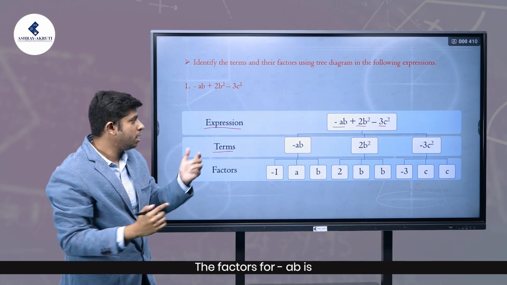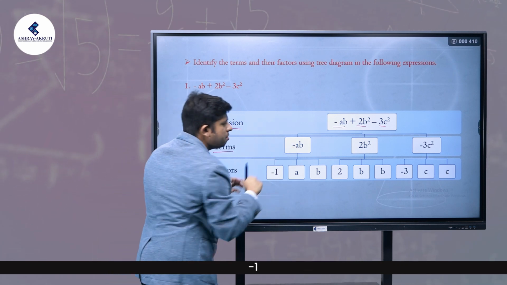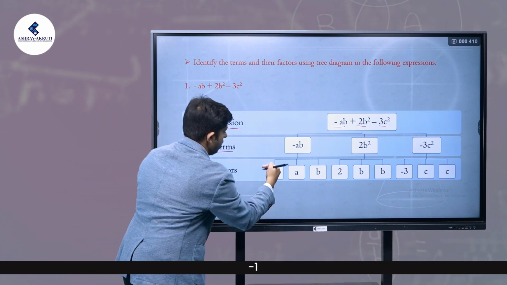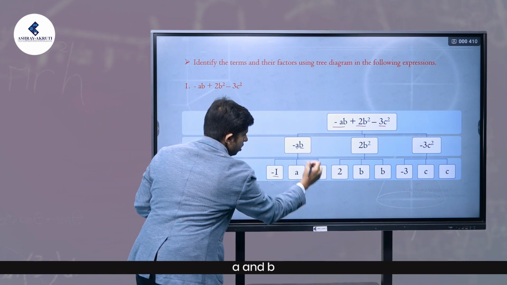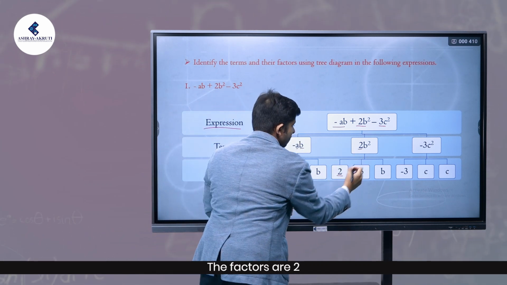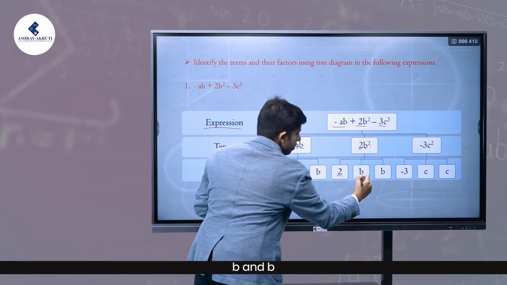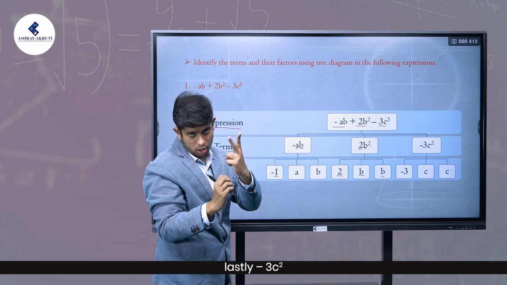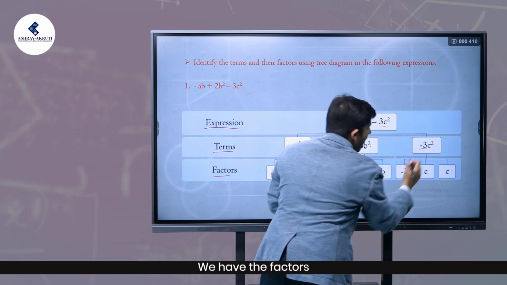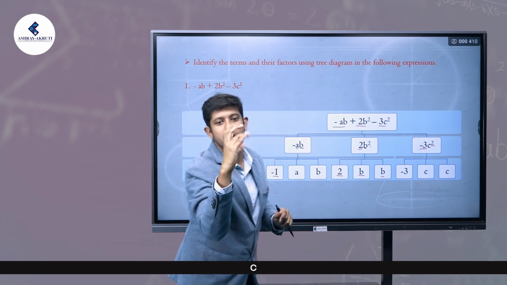The factors for minus ab are minus 1, a and b. Whereas for 2b square, the factors are 2, b and b. And lastly, for minus 3c square, we have the factors minus 3, c and c.